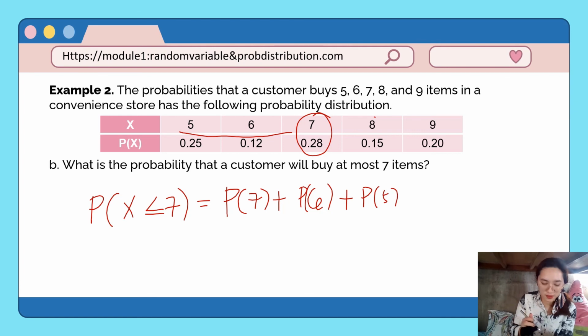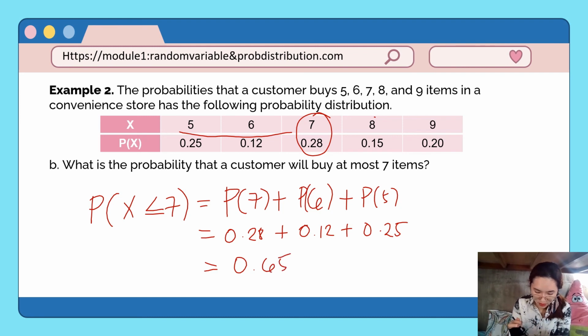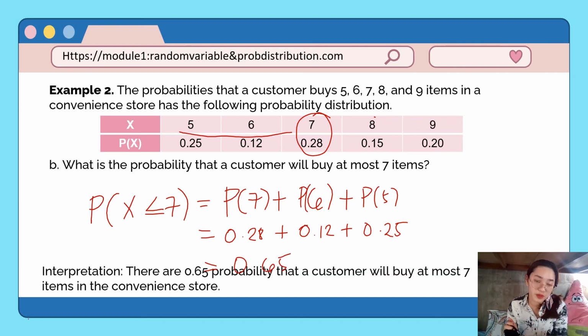That is 0.28 plus 0.12 plus 0.25. Alright, so yung answer po ay 0.65. There is a 0.65 probability that a customer will buy at most 7 items in a convenience store.